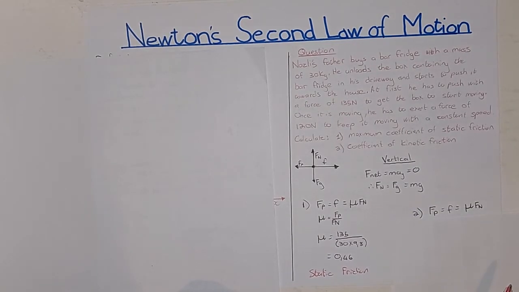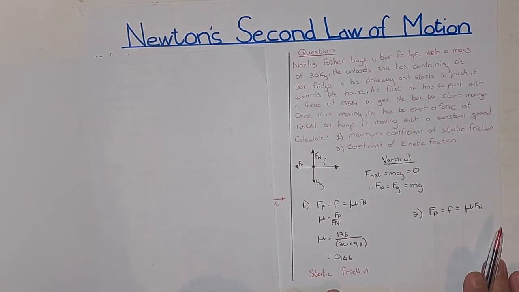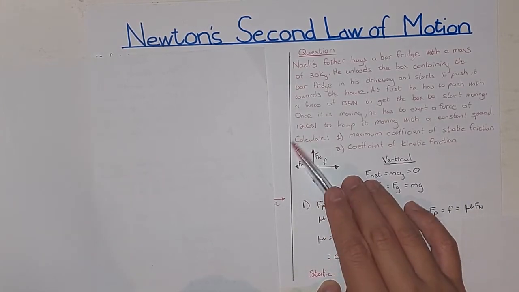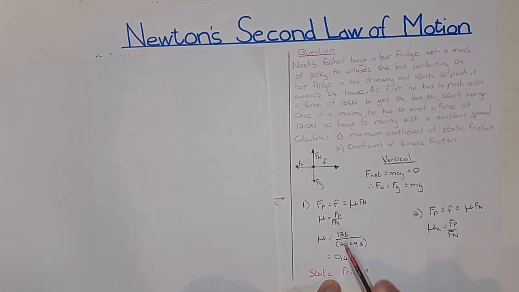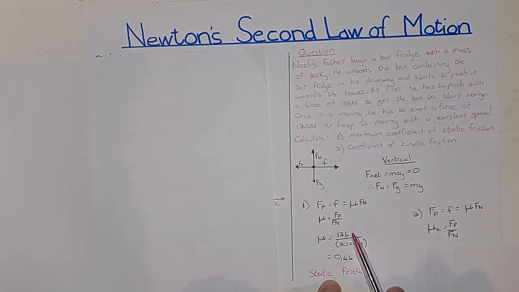And the same thing goes over here, the coefficient of kinetic friction. Now I know when I have kinetic friction, he's actually pushing it at 120 newtons. So I do the same thing. You can see it's the same as that one over there, but for my Fp it should be different because he's using a lesser amount of force, which is not 135 but should be 120.